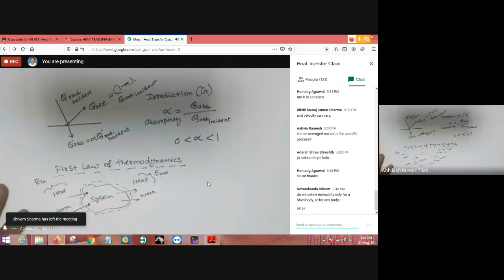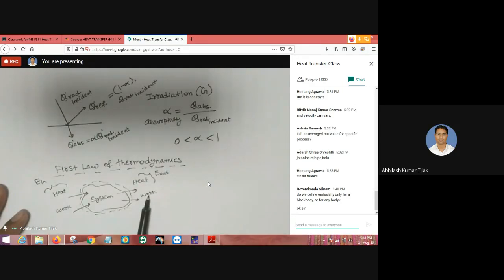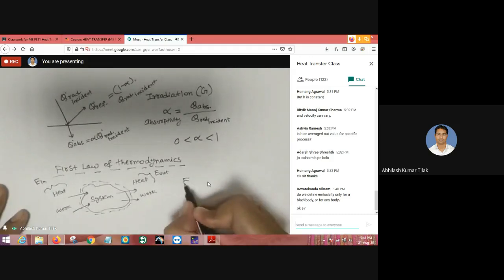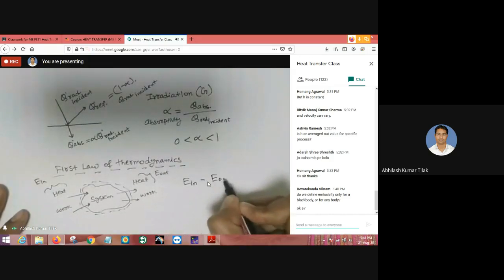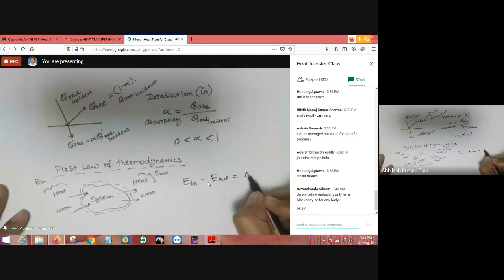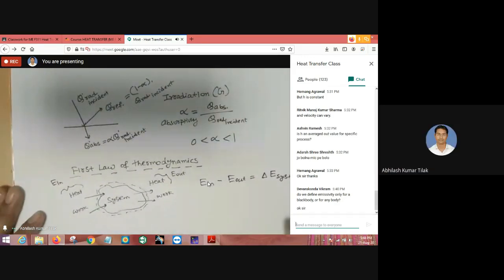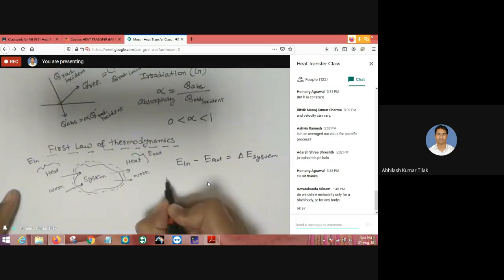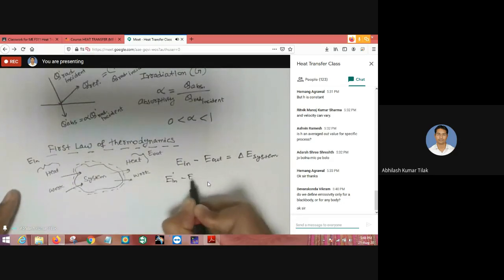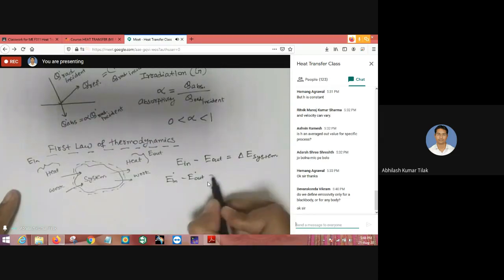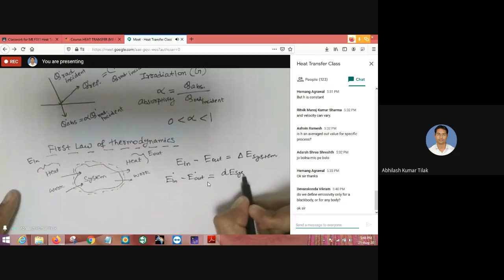So I can say the total energy entering the system minus the total energy leaving the system will indicate the change in the energy of the system. So I can write E in minus E out is equal to delta E of the system. If I write it in rate form, it can be written as E in dot minus E out dot is equal to dE system upon dt.